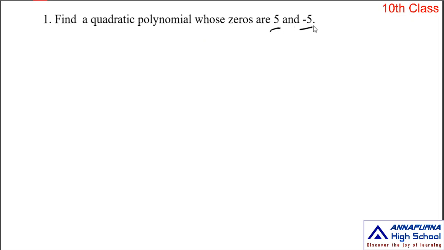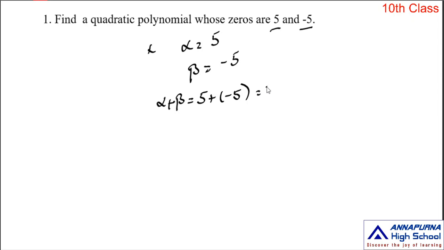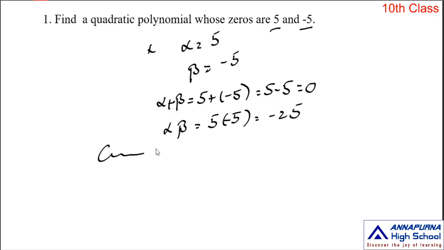That means we are taking these two numbers as alpha and beta. So alpha is equal to 5 and beta is equal to -5. So to find that quadratic polynomial, first we find the sum of the zeros. That means alpha plus beta is equal to 5 plus of -5, it is equal to 5 minus 5, it is equal to 0. And product of the zeros, alpha into beta is equal to 5 into -5, it is equal to -25. Now write the general form of quadratic polynomial.